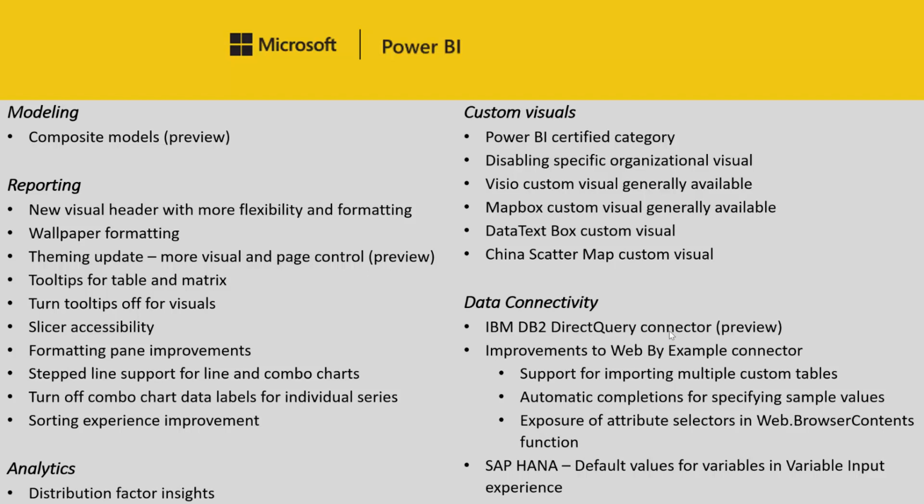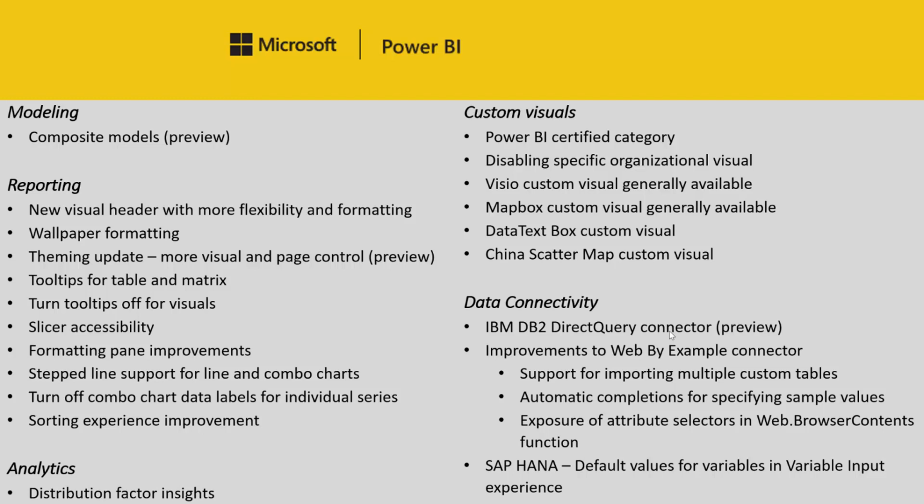Some of the exciting updates for the GA of the feature: it now has mobile support, so you can render it in our Power BI mobile apps. You can also change out the embedded Visio diagram in the visual to a different one, and copy the link of the embedded Visio diagram.